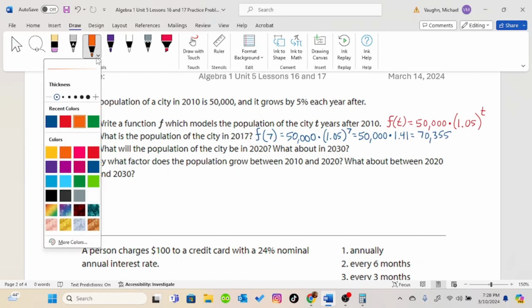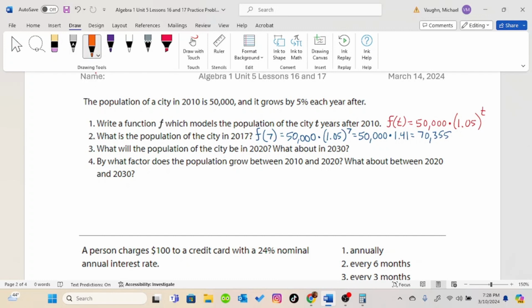Number 3. What will the population of the city be in 2020? Well, 2020 is 10 years later. So this would be f of 10 equals 50,000 times 1.05 to the power of 10.